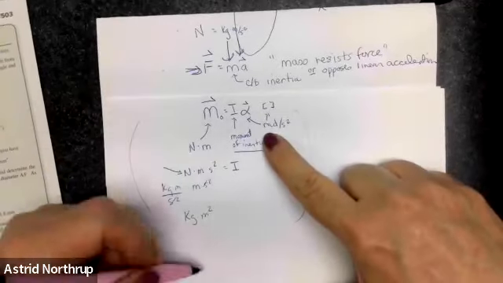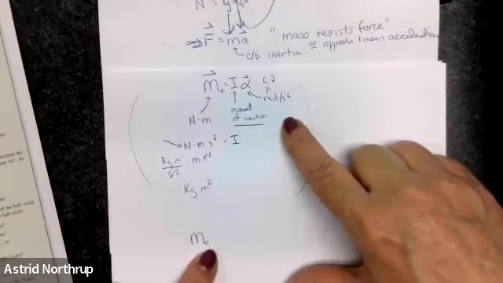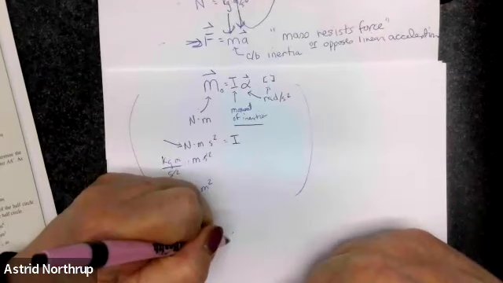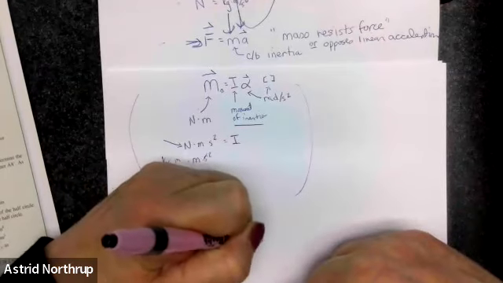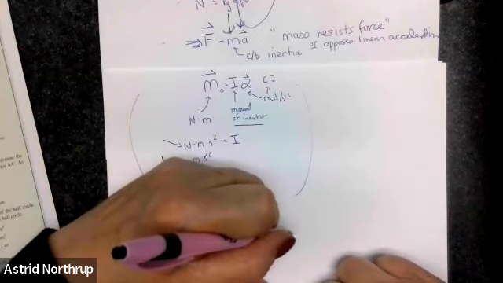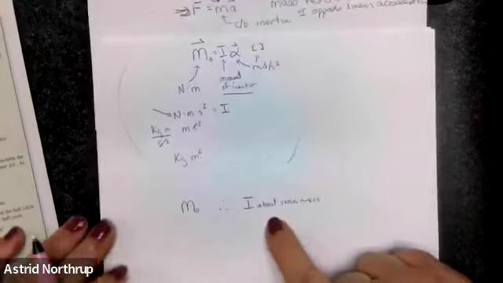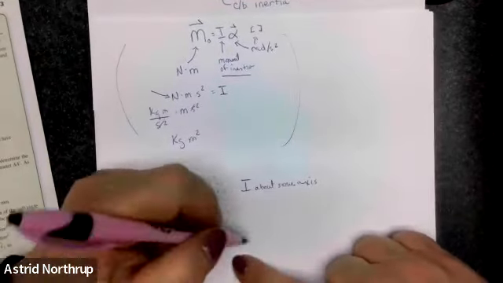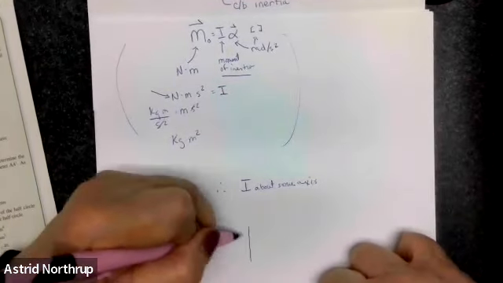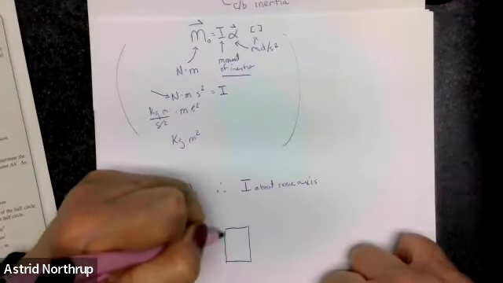Now, a moment has to be taken about a particular point or axis. So we have to think about what a moment of inertia is about some axis. It's not just a point feature of an object, but has some relationship to the shape of the object.